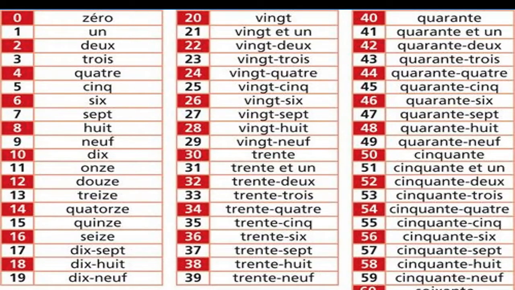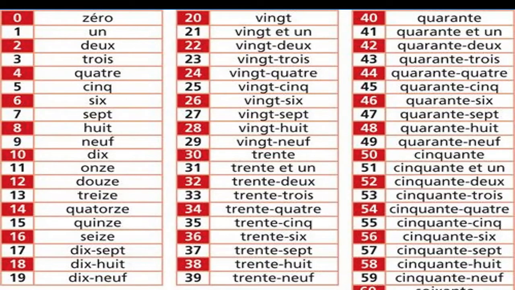We revised the numbers and how to say them, like last week, starting with 0, 1, 2, 3, 4, 5, 6, 7, 8, 9, 10, 11, 12, 13, 14, 15, 16, 17, 18, 19, after that 20.